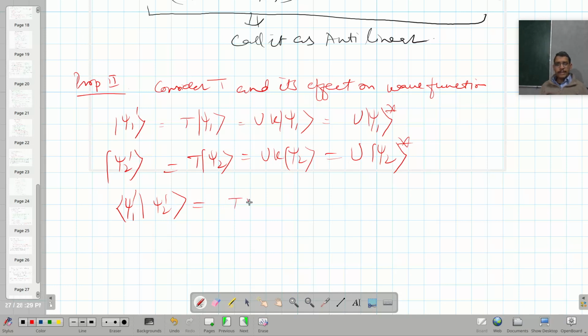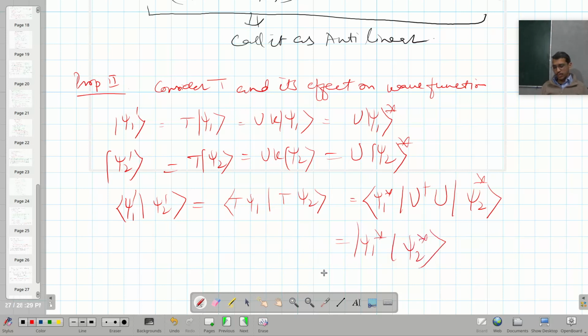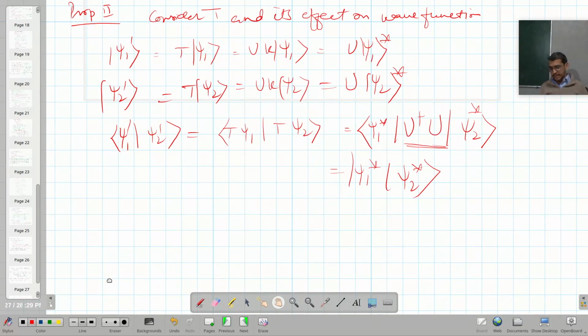It can be written as T psi 1 and T psi 2, and this can be expressed as psi 1 star U dagger U psi 2 star, and it can be written as psi 1 star and psi 2 star, because U dagger U will become the identity operator.